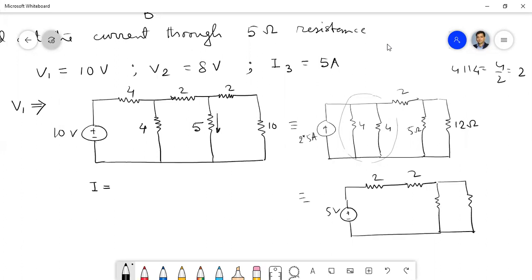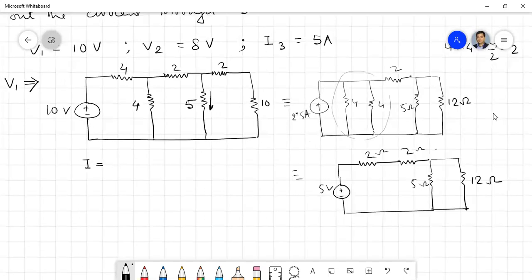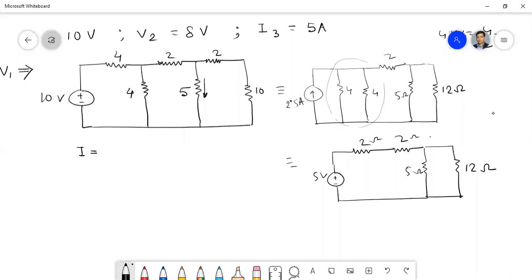So you have to do this quickly because 3 circuits you have to solve here. Now what you are getting? You are getting 5 volt in parallel with this. Now you can solve by any method.